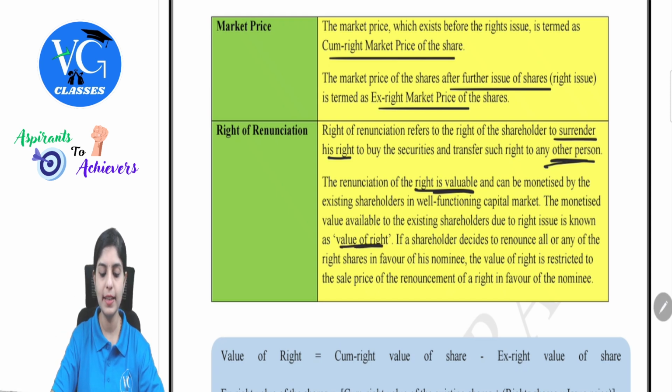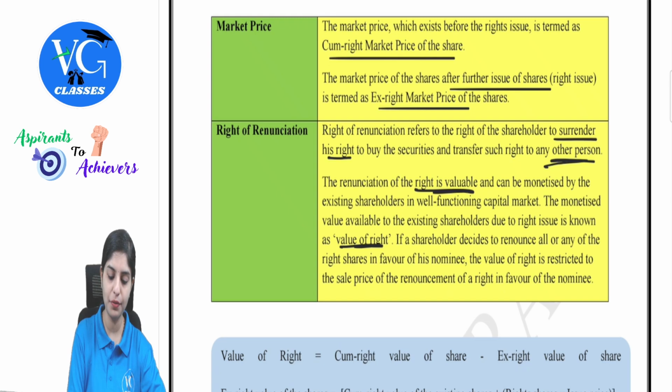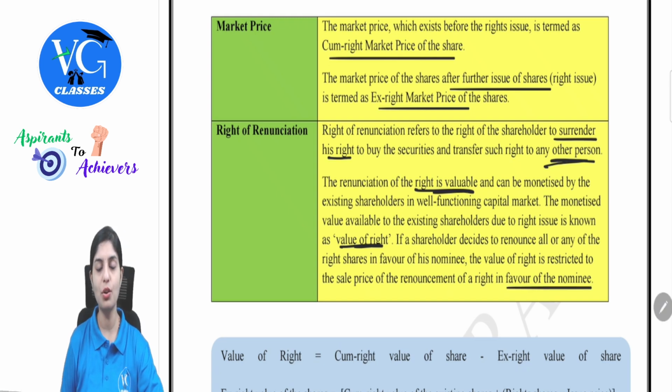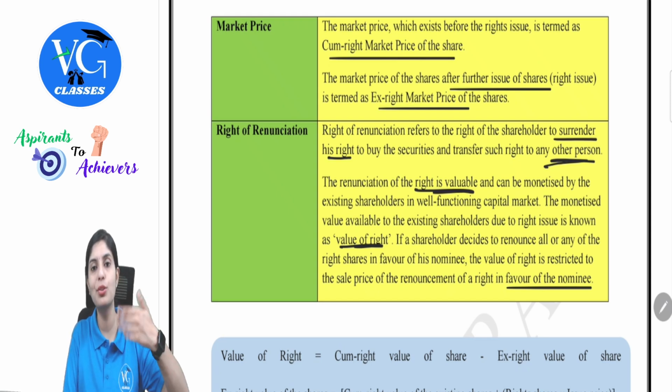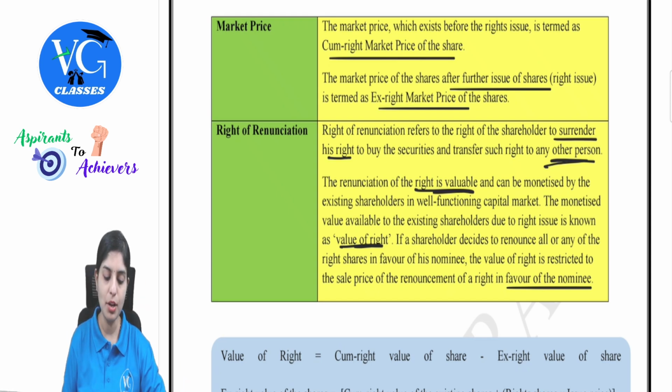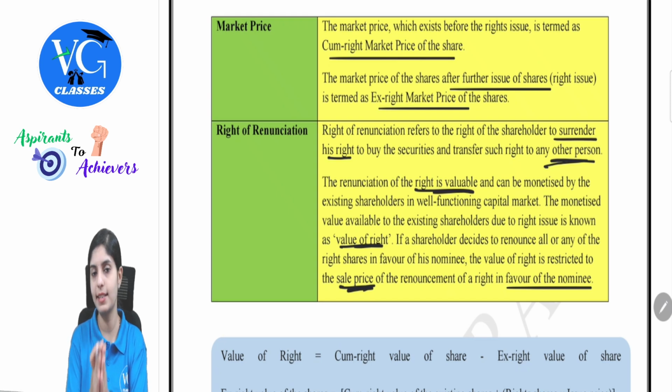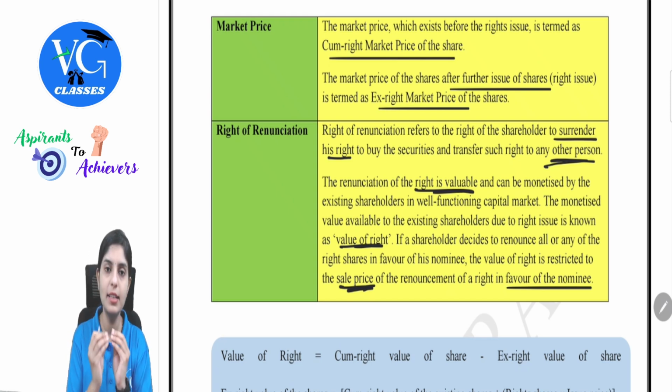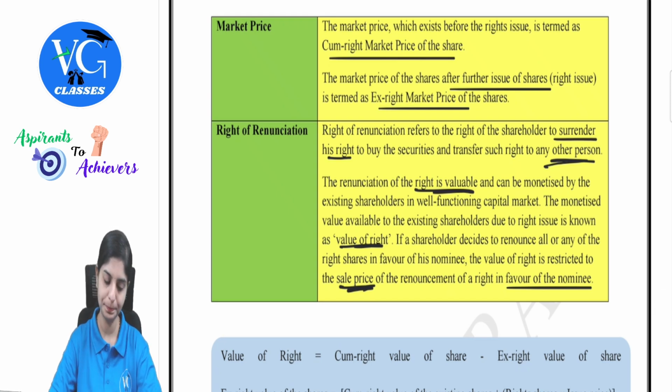If a shareholder decides to renounce, that is pass on all or any of the right shares in favor of his nominee, the value of right is restricted to the sale price of the renouncement in favor of the nominee. That's it. If not, you can consider the real market value here.